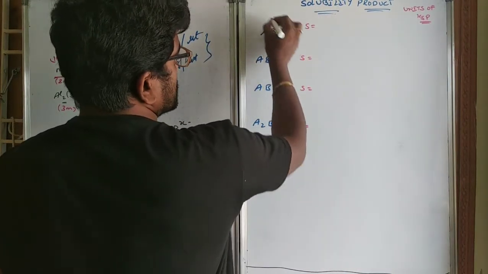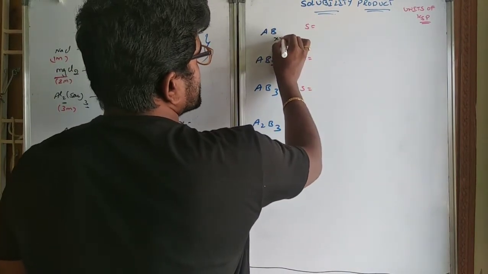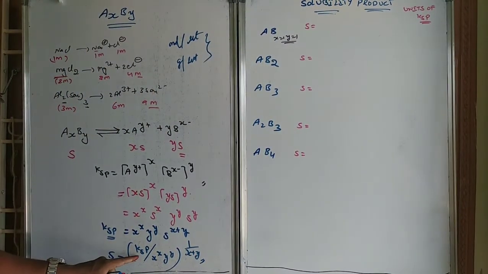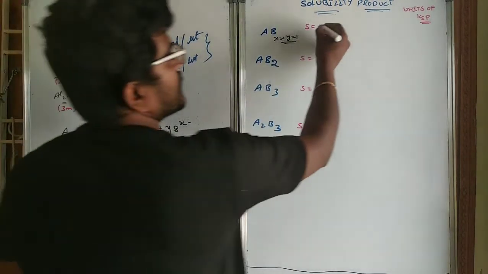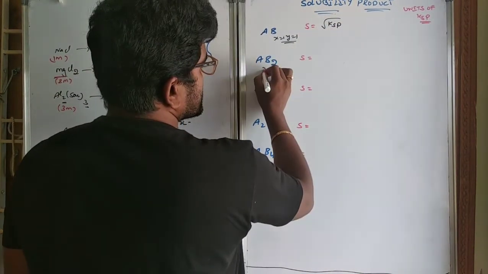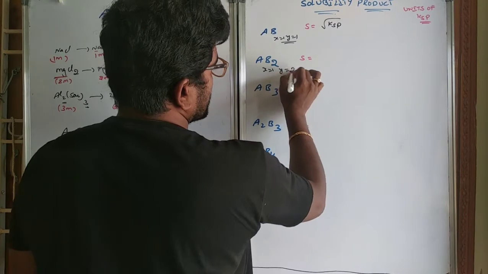S is equal to, in this case, X equals 1, Y equals 1. So S is equal to KSP by 1 power 1, 1 power 1, whole power 1 by 1 plus 1. So S is equal to root over KSP. In this case, X equals 1, Y equals 2.